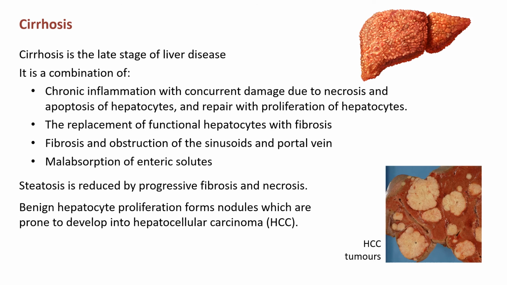And as we said, we get quite high levels of hepatocyte proliferation in an attempt to replace the necrotic or apoptotic hepatocytes. This benign hepatocyte proliferation forms nodules. These are prone, because of this high proliferation of course, to develop into malignant cells, to develop into hepatocellular carcinoma.